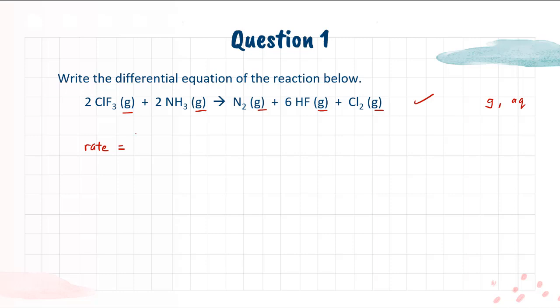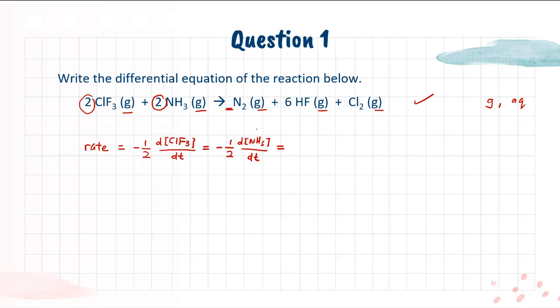So the first reactant, we have a coefficient 2 over here, so -1/2, and then d, in square bracket, your reactant ClF3 over dt. So the second reactant over here, still we have the coefficient 2, so still -1/2, and then d[NH3] over dt. And then after that, we have our product, which is N2 with coefficient 1.